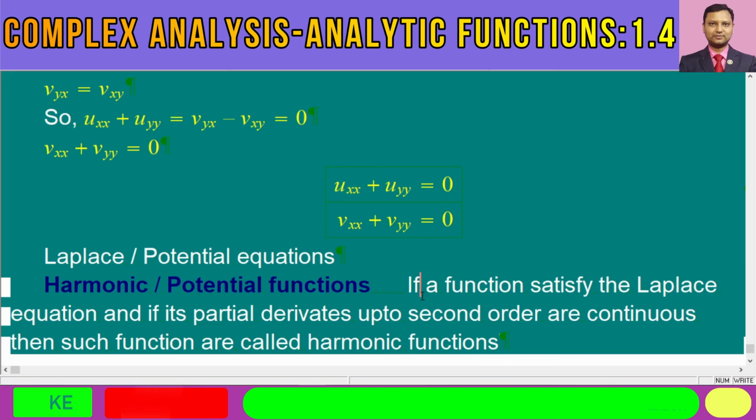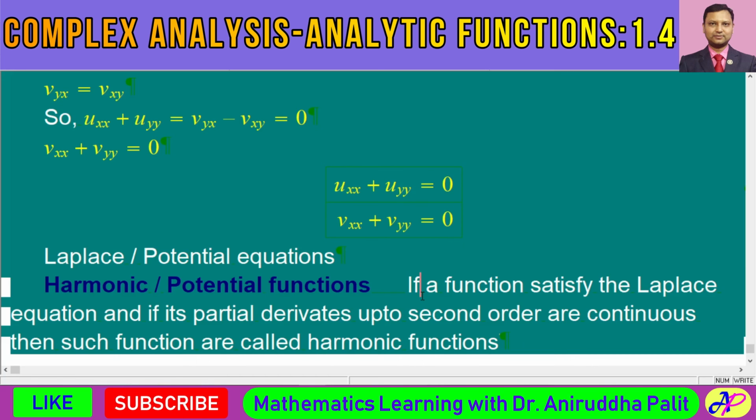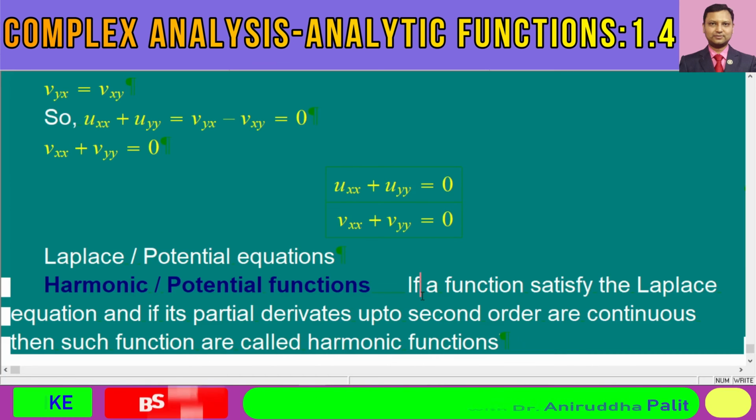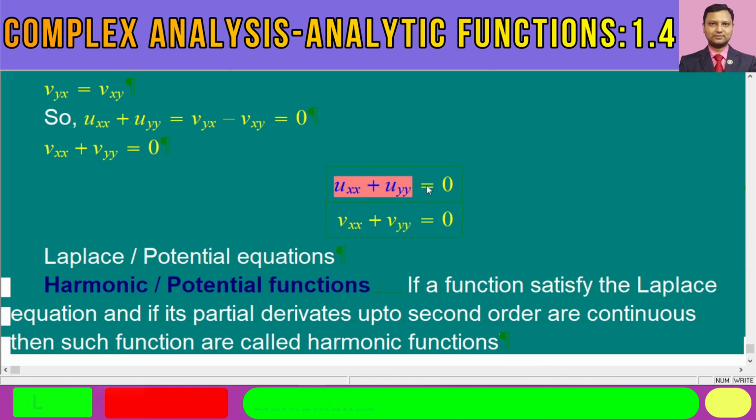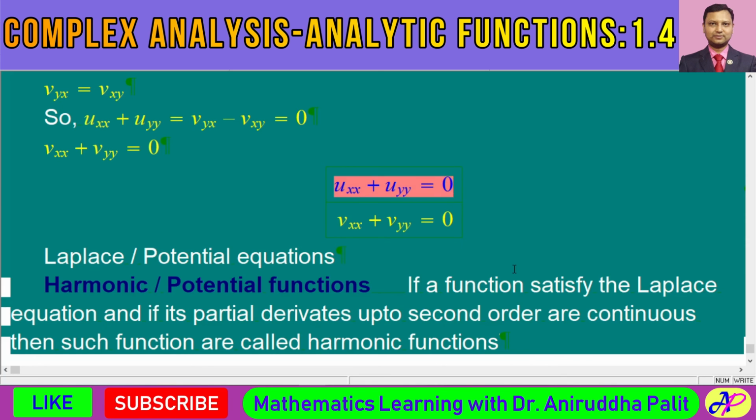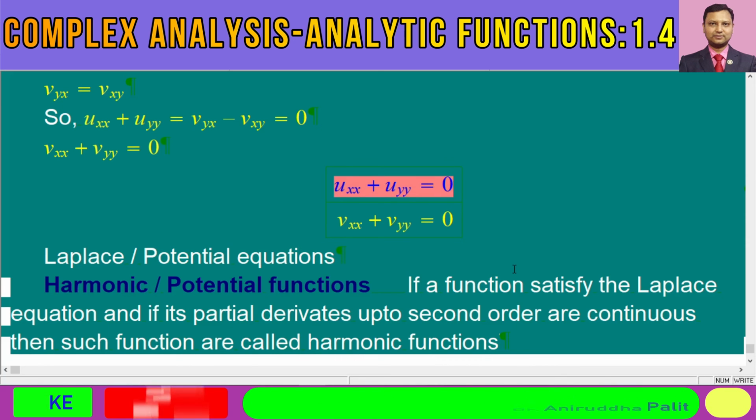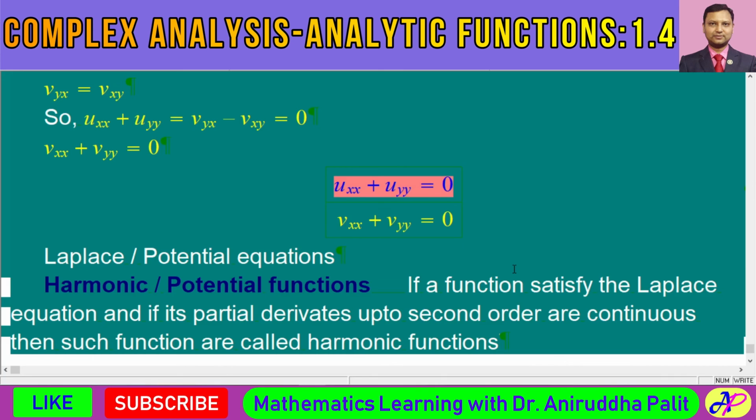Generally, this is sometimes given as a short question, like a question of 2 marks. A certain function is given, and you need to verify whether that function is harmonic. In that case, you need to verify that u_xx plus u_yy is equal to 0 is satisfied, along with the fact that their partial derivatives are continuous.